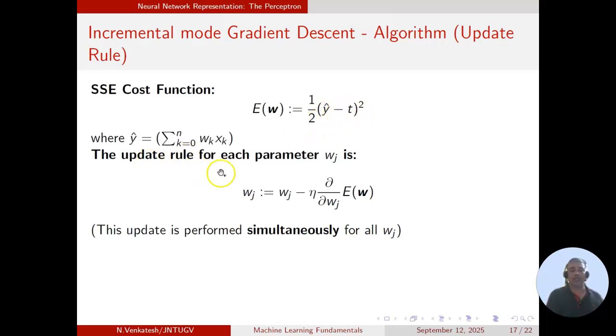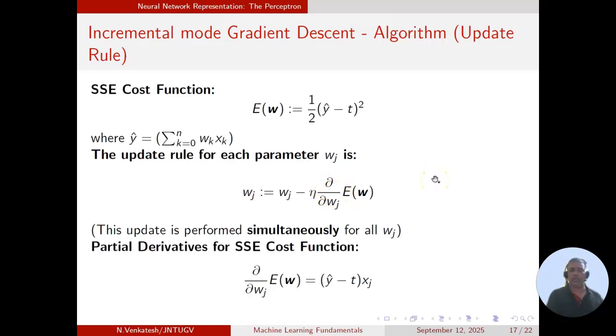To update the weight, again we move in the opposite direction of the gradient, that is dou by dou wj of E(w). If you take this derivative, 1/2 into x squared gives 2x, and the derivative of y cap gives xj, because t is constant, so it cancels out.